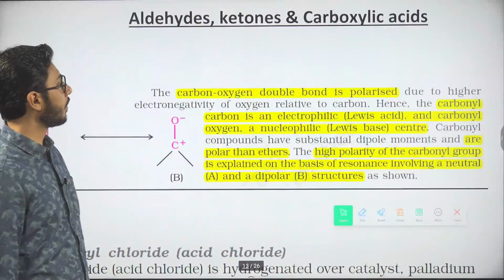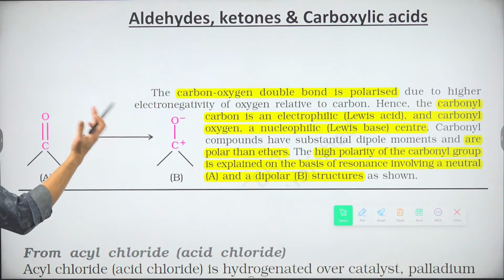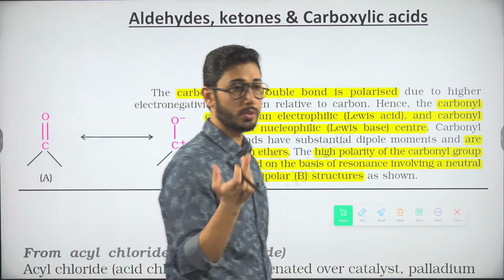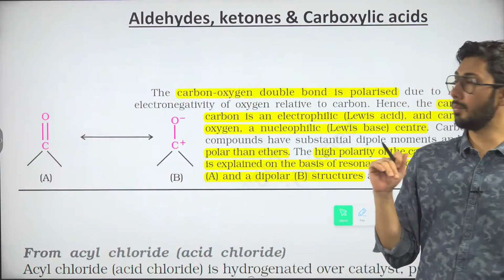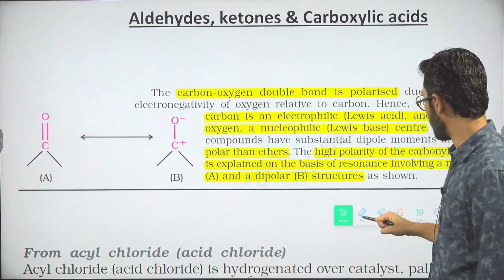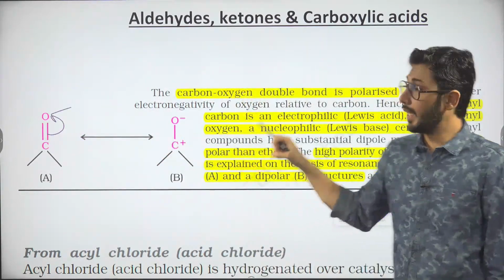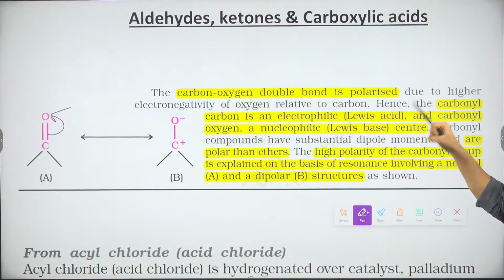Now next is which one? Next is aldehydes, ketones and carboxylic acids. In this case, apart from IUPAC, some questions. Here the carbon oxygen bond is of which nature? Polar. Why? Because of resonance delocalization. That is the resonance given. It is of polar nature. And then what happens?